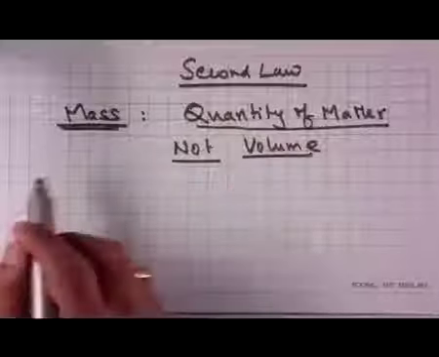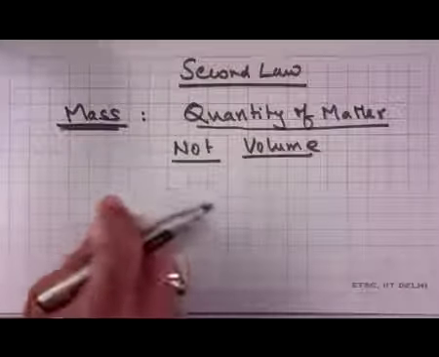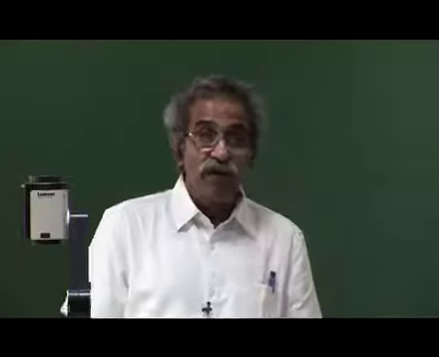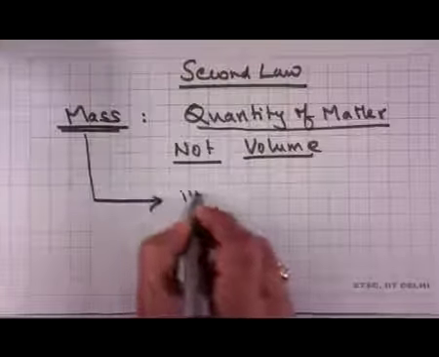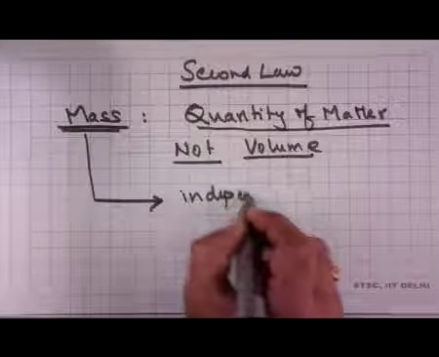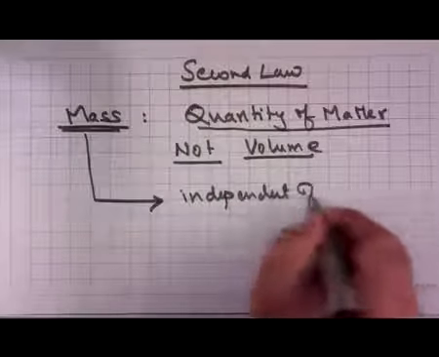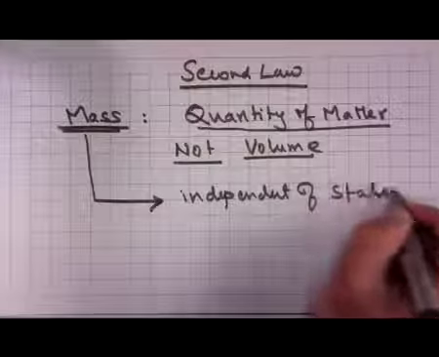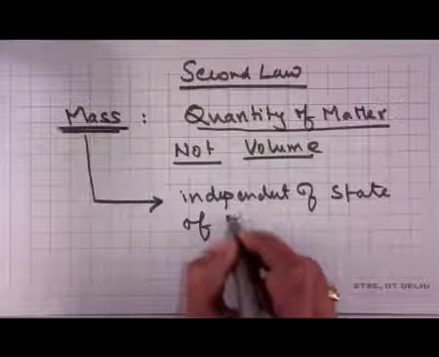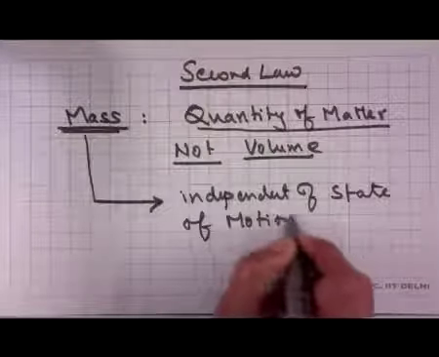Of course, a big question is, what else does the mass depend on? For example, does this quantity depend on whether that object is at rest or whether the object is moving? Newton declared that it is independent of state of motion. What does state of motion mean? That is what I have written in that slide also.